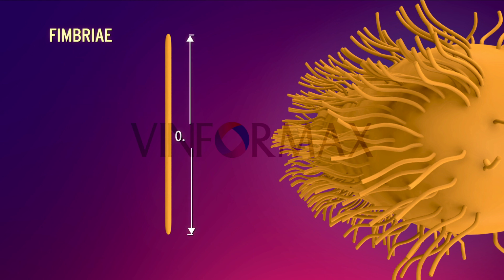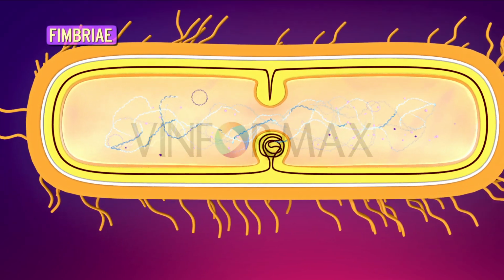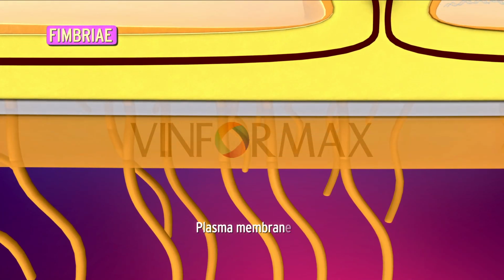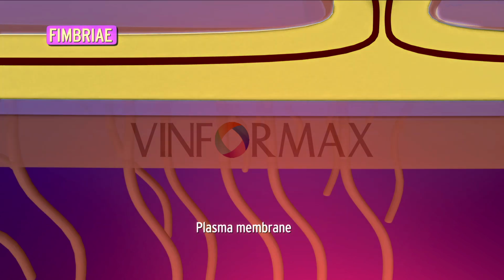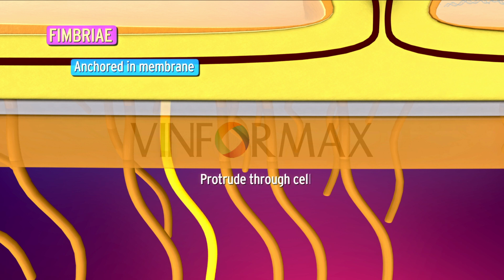They are 0.5 micrometers long and 10 nanometers thick. Even though pili arise from the plasma membrane, they are not considered part of the plasma membrane. They are anchored in the membrane and protrude through the cell wall to the outside of the cell.